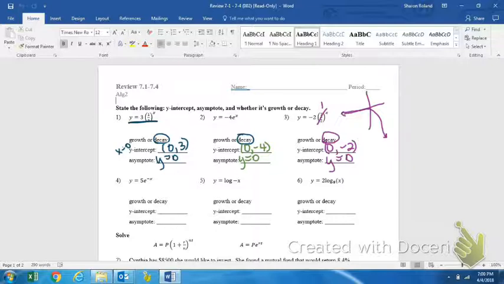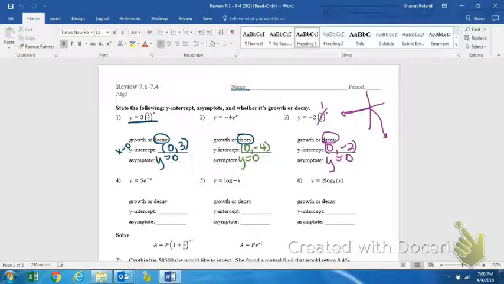The next one, we're going to put this in the calculator, and that's 5e, and remember that's second natural log, to the exponent negative x. Let me do that again.